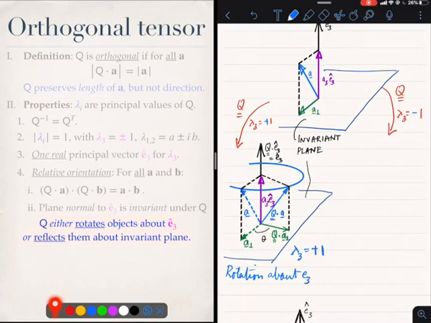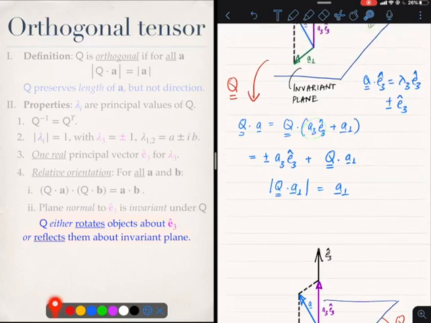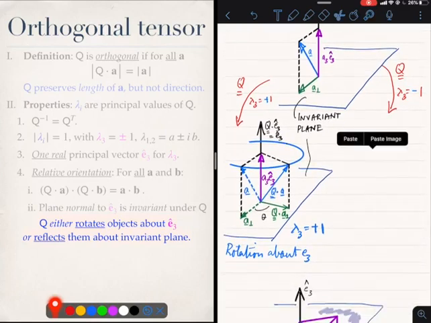Okay, what happens when lambda 3 is minus 1? Well, we already know the answer. Nothing changes for QA perp, it swings as before, but A3 E3, the E3 component of A, becomes minus, it flips over.